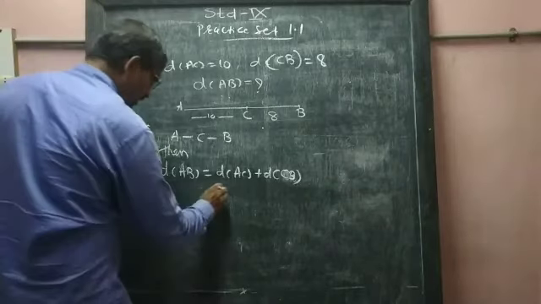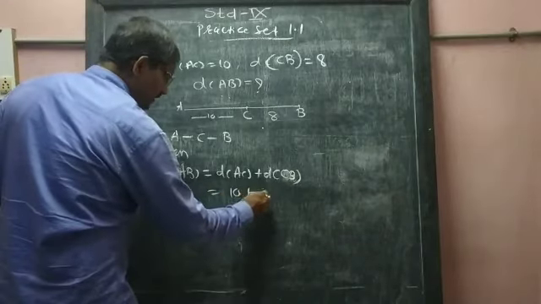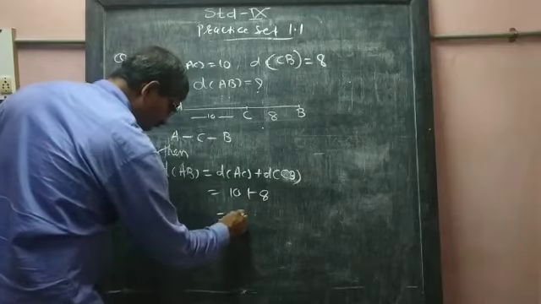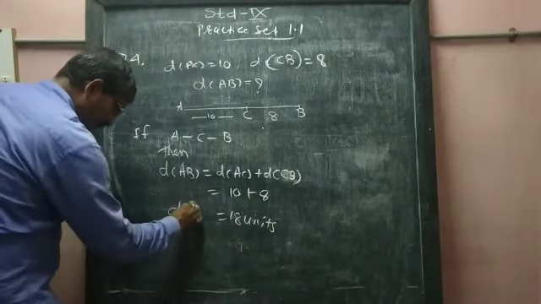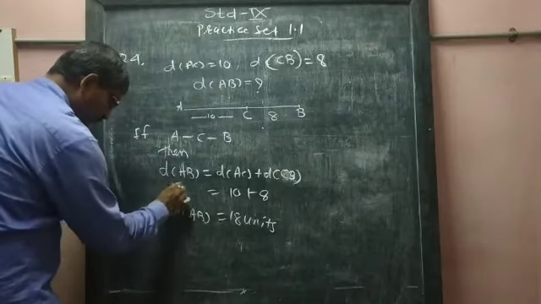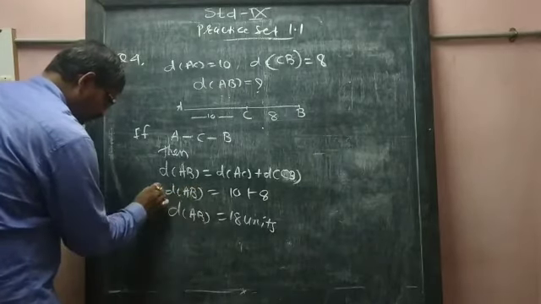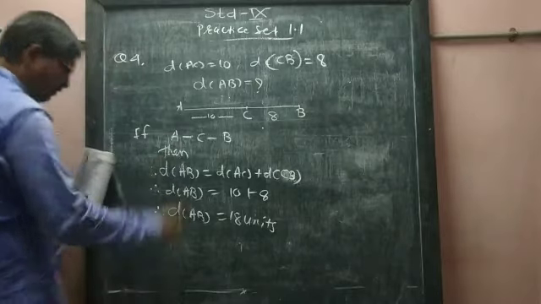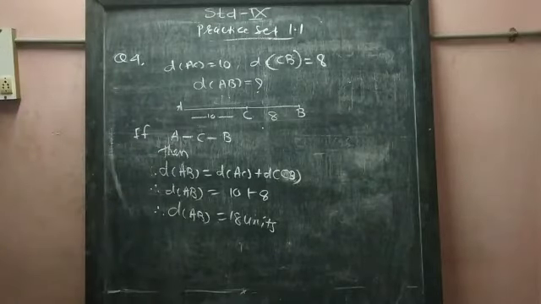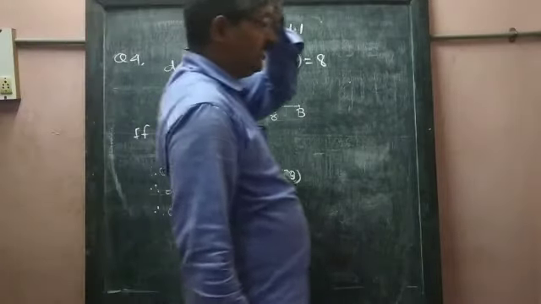Therefore AC means 10, CB means 8, so 18 units is one answer. This is one possibility.